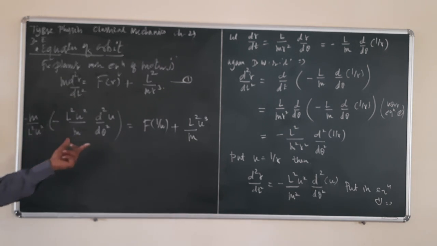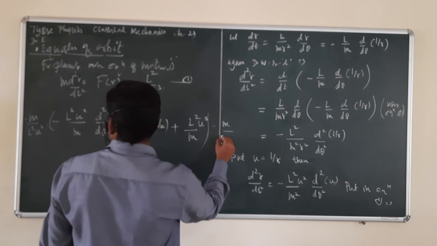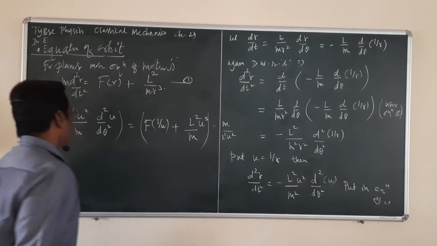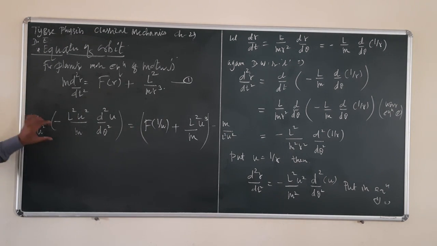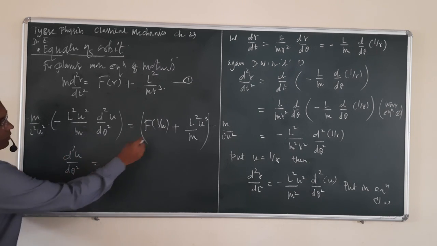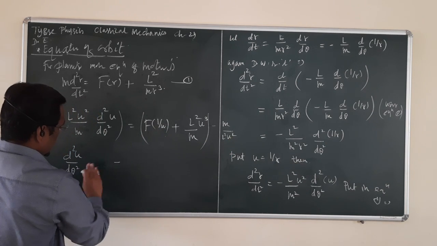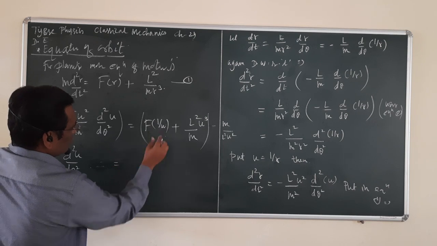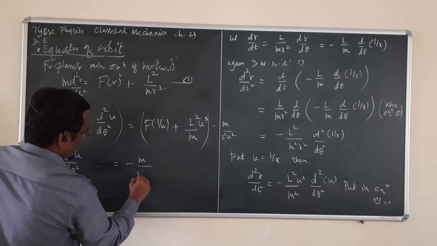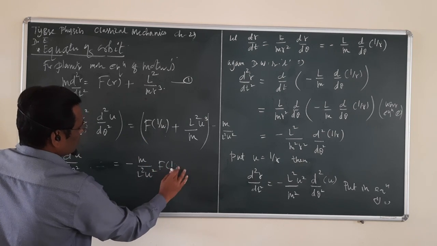Okay. So on the right hand side, if we multiply by the same term, minus m divided by L square u square, what will we get? So here this minus minus becomes plus, this m will cancel, L square u square. So this term will become d2u by d theta square is equal to, on the right hand side, if you multiply this term to this, that is equal to minus m divided by L square u square f of 1 over u.